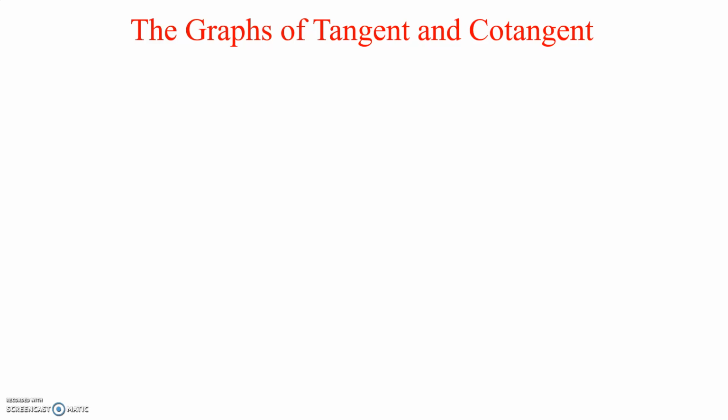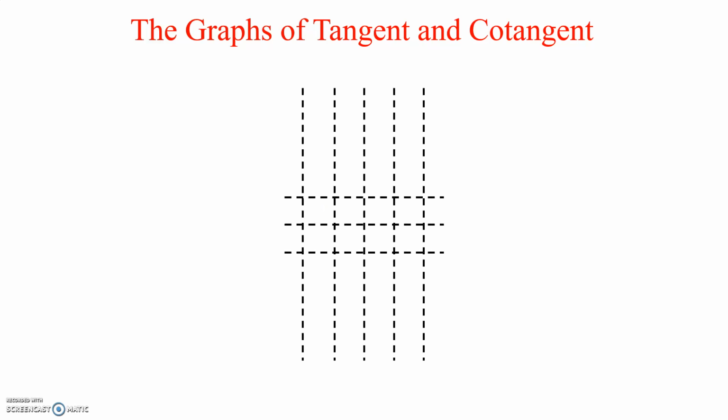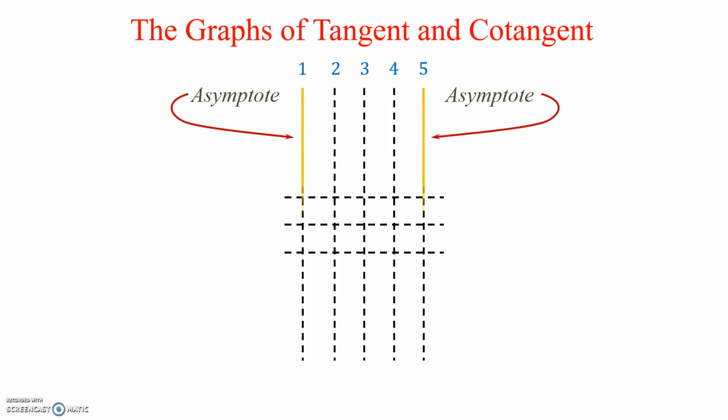So here's how we're going to do it. This is the graph that we will be using to help graph tangent and cotangent. Just like when we did sine and cosine, there were 5 vertical dotted lines and 3 horizontal. So our 5 vertical lines.